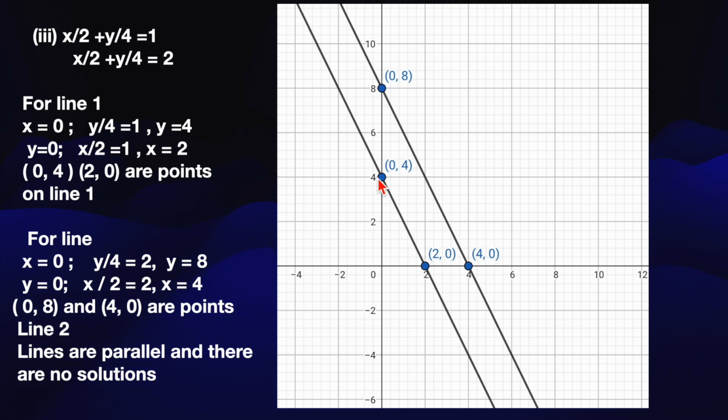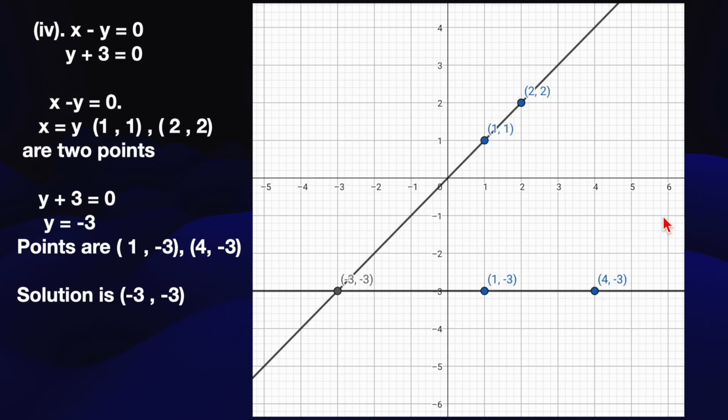So this is 0, 4 and this is 2, 0. This is the line. For the second line, again x is equal to 0, y is 8. y is equal to 0, x is 4. So 4, 0 is this point and 0, 8 is this point. You connect it, this is the second line. Both are parallel. They do not intersect each other. So they have no solutions.